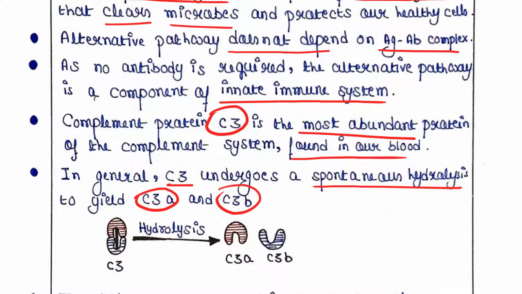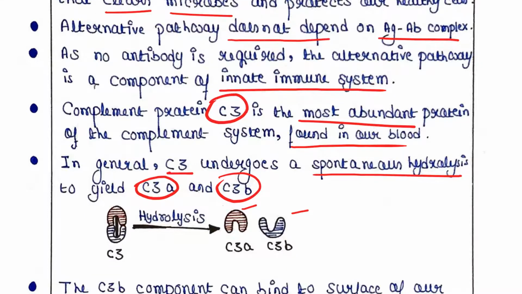It happens always, spontaneously and constitutively, in our body. So C3 gets cleaved into two fragments, one is C3a and another is C3b. It is a constitutive reaction.